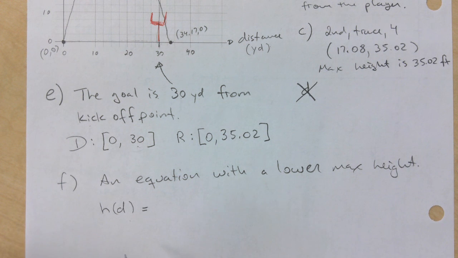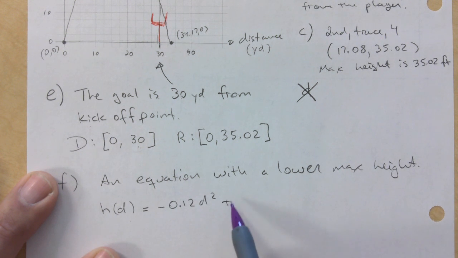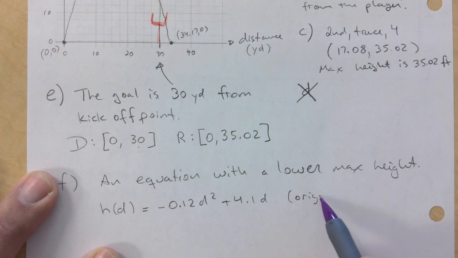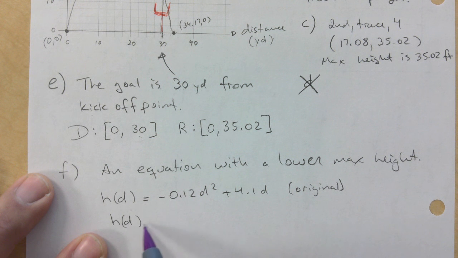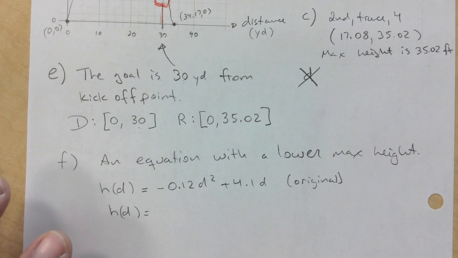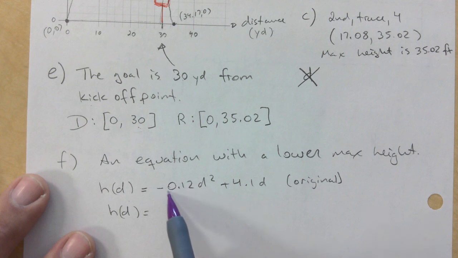So what I want you to look at is the one that they stated up there. This is the original equation right here. How would you be able to come up with an equation that would have a lower maximum height? It has to do with this value right here.